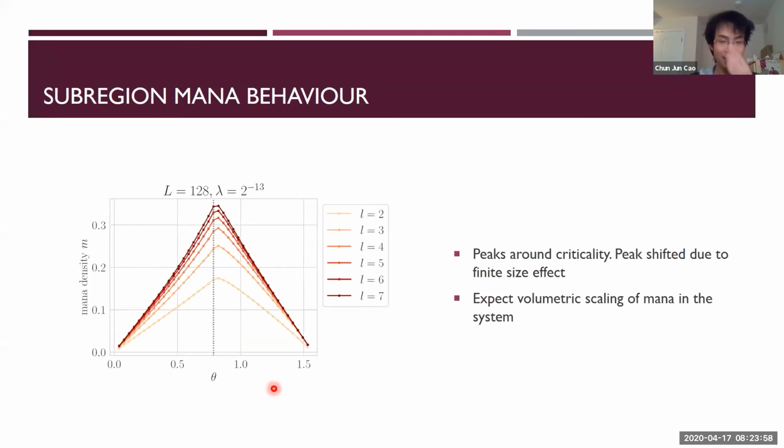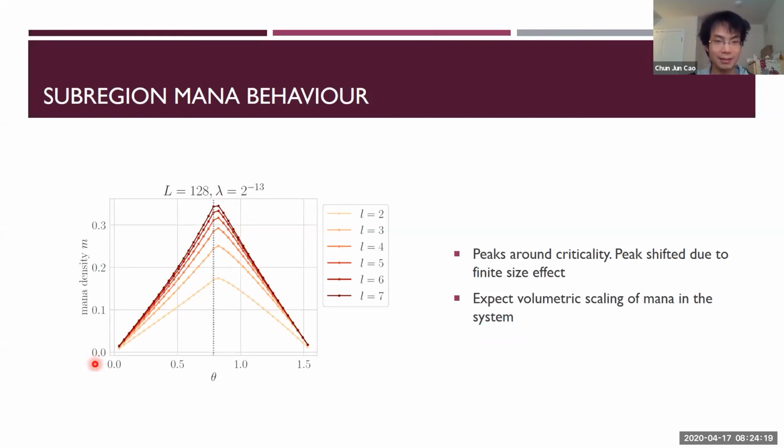So here is a plot of one such mana that you would compute. On the horizontal axis is the theta parameter that controls where the criticality happens. Criticality happens on this dotted line here, at theta equals pi over 4.